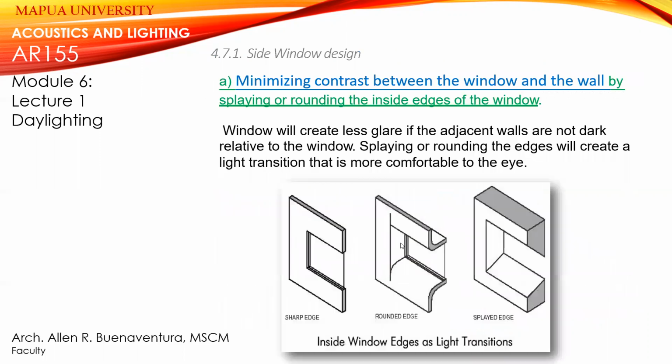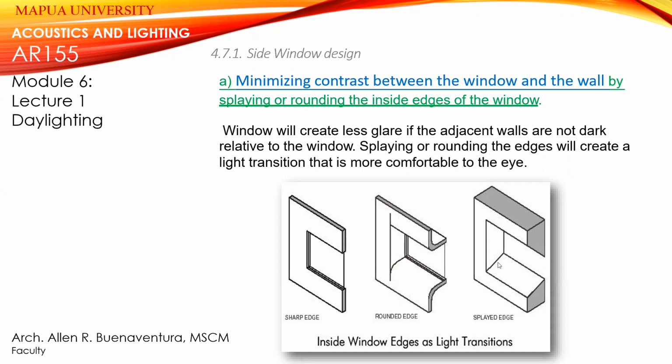So the side window design: minimizing contrast between the windows and the wall by splaying or rounding the inside edges of the windows. Windows will create less glare if the adjacent walls are not dark relative to the window. Splaying or rounding the edges will create a light transition that is more comfortable to the eye. As you can see, this is one of the solutions that they use in daylighting.